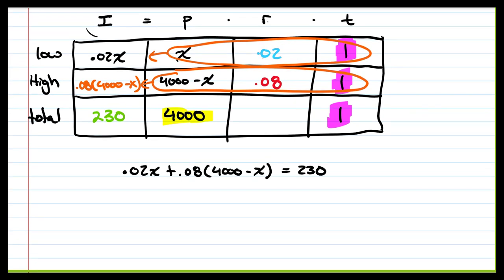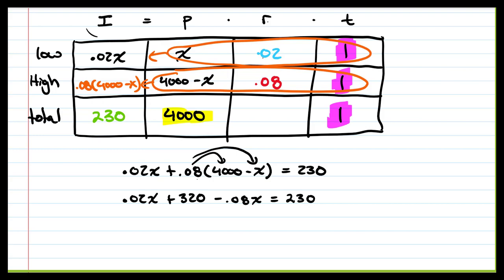To solve this equation, the first thing we do is open our parentheses by distributing the 0.08. So we have 0.02x plus 0.08 times 4,000, which is 320, and 0.08 times negative x is negative 0.08x, equal to $230.